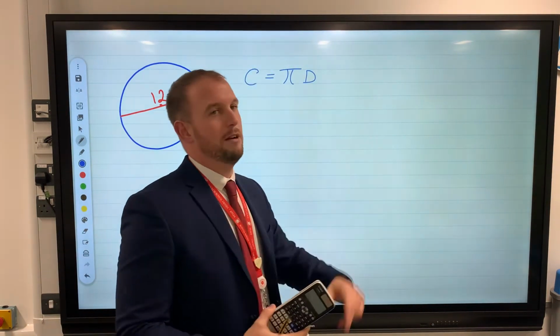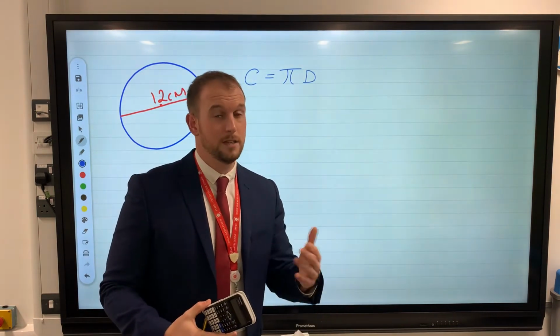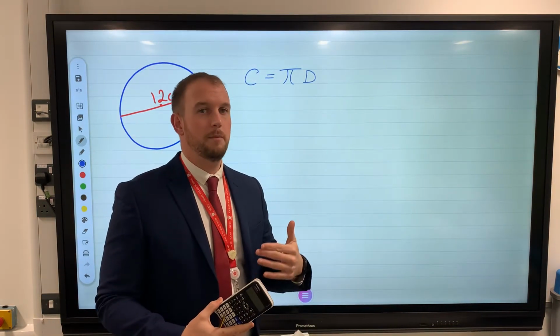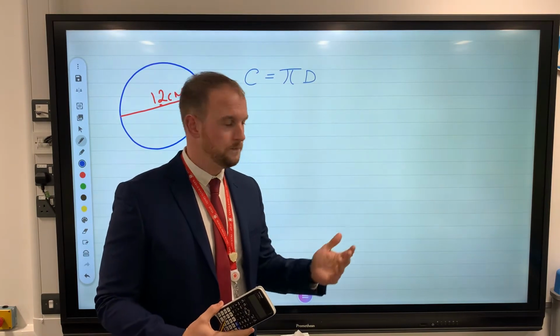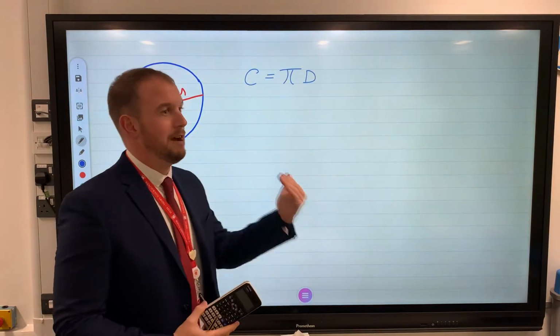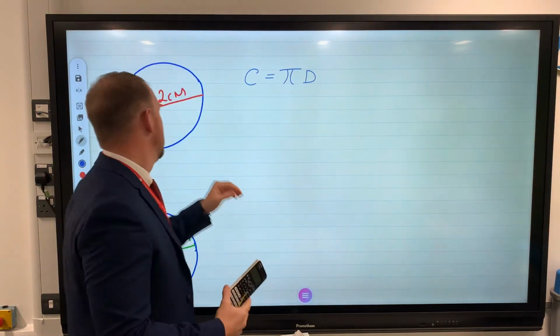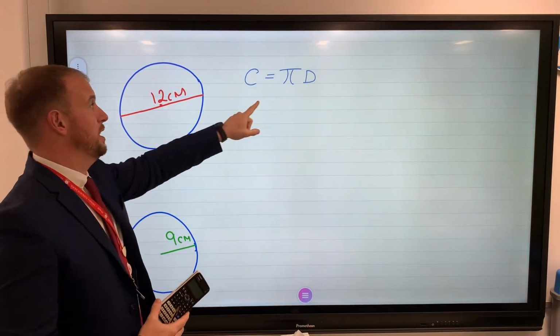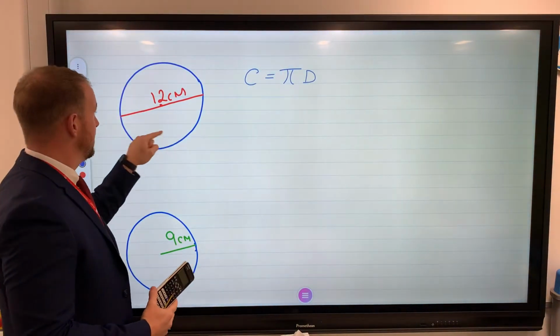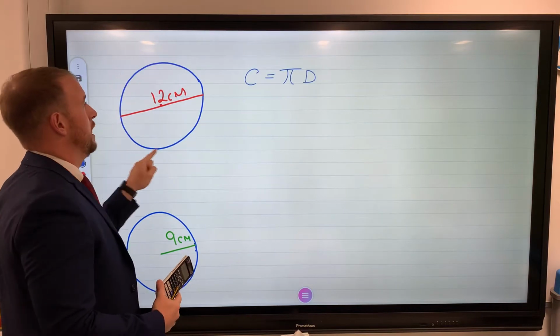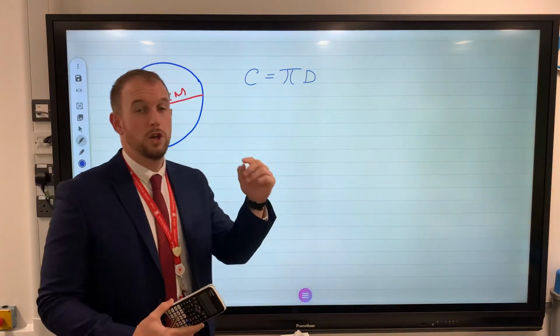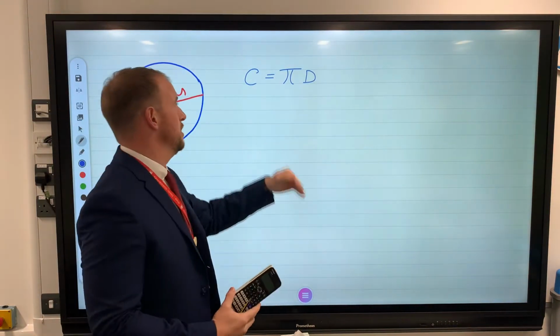Okay, but we normally round it to 3 decimal places when we describe pi as being 3.142. Now there's a direct relationship between the diameter and pi. As you can see here, we've said pi times the diameter calculates the circumference. So you work out the value of pi by doing the inverse.